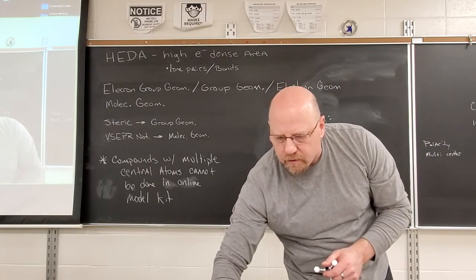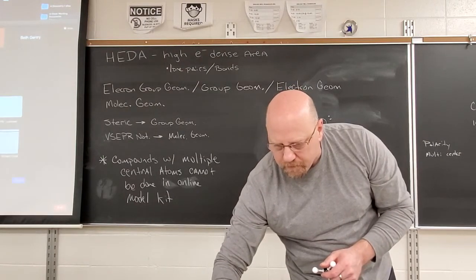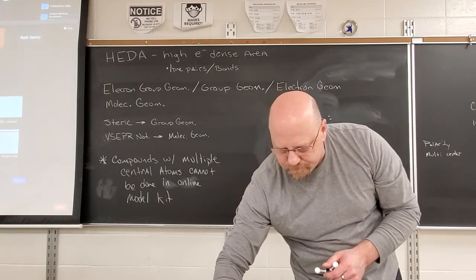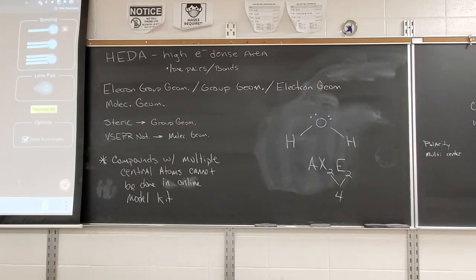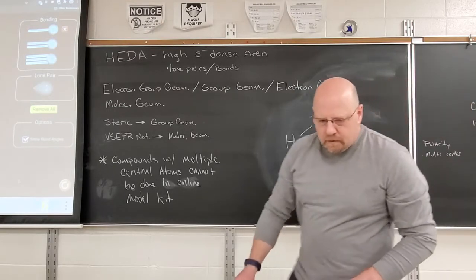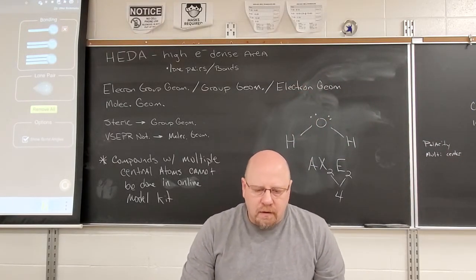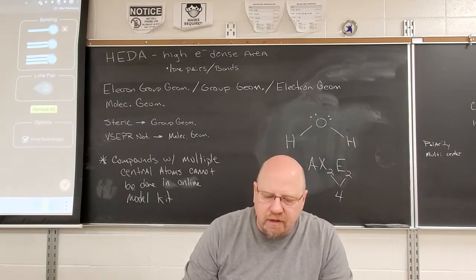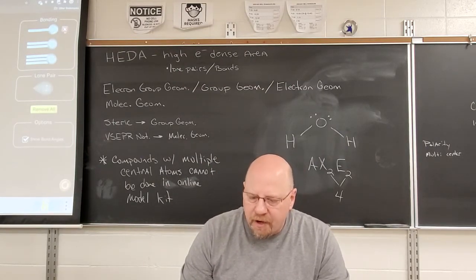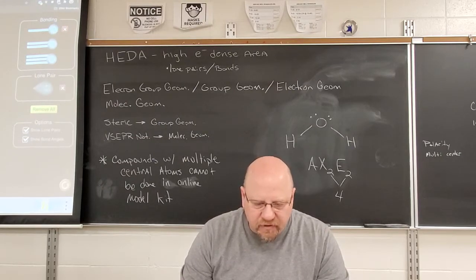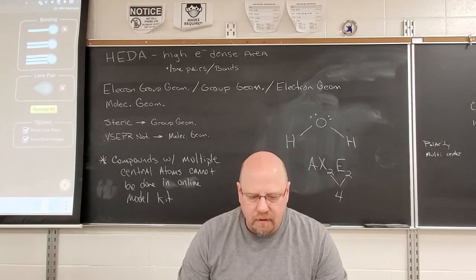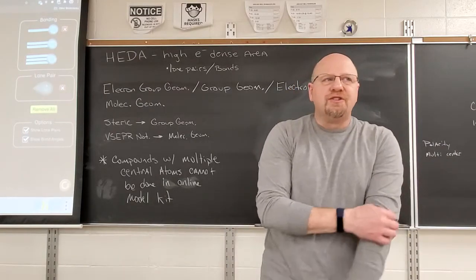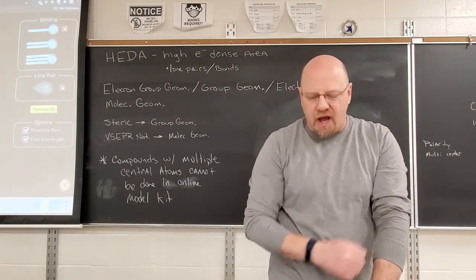Let's switch back to the program. So again, I'm going to switch one of these out for a lone pair and see that we still have that same basic structure. Now, this is where we get a distinction between our electron group and molecular geometry.